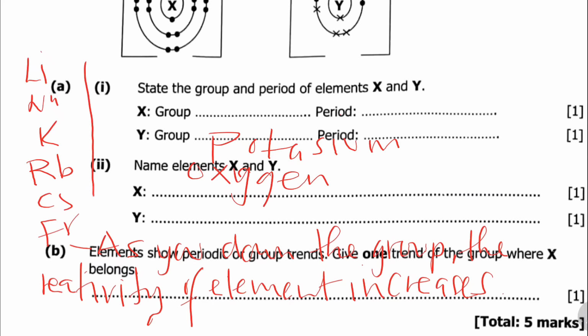So as you go down the group, the reactivity of these elements increases. So if I may ask here, which one is the most reactive element in group 1? Yes, you are right. It is this one. It's francium. Okay? So the least reactive element here, it is the lithium. All right? So it's as simple as this.